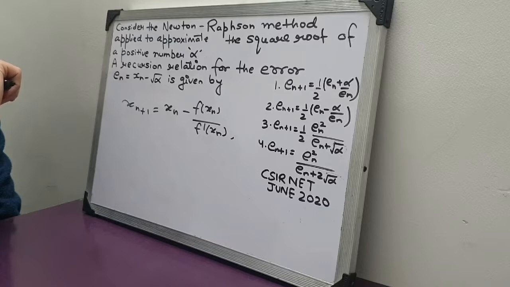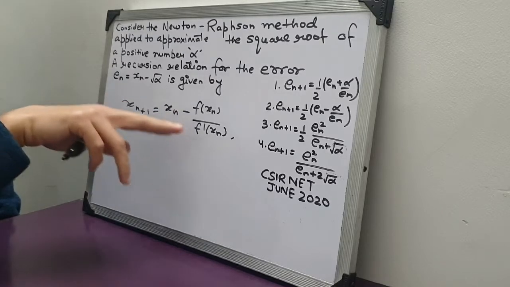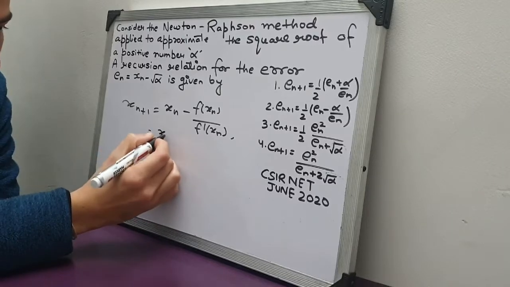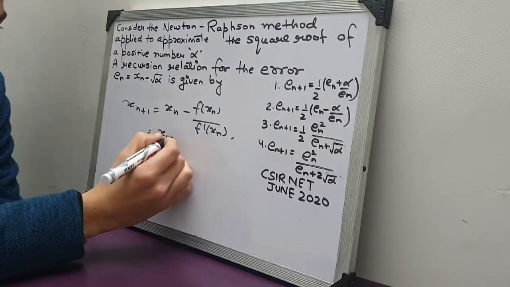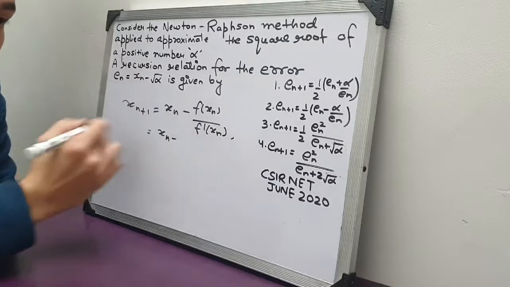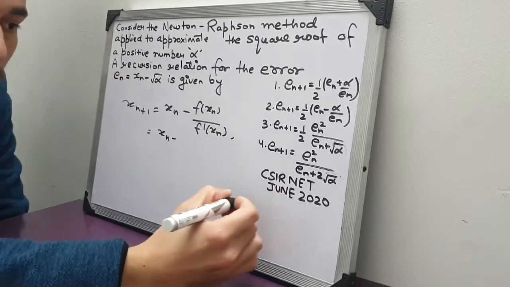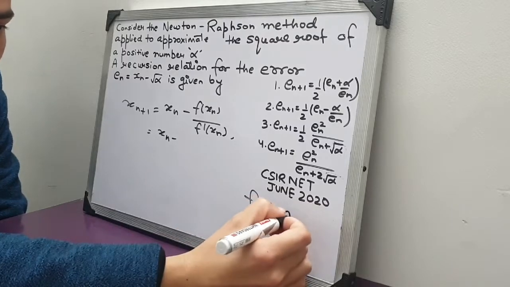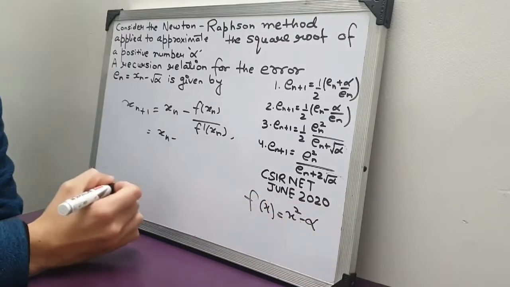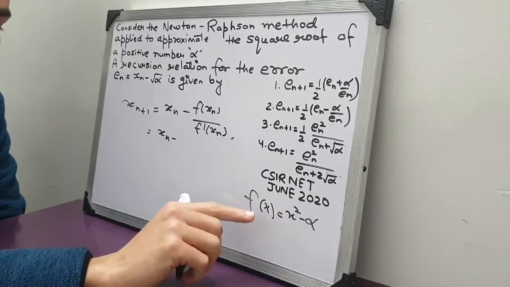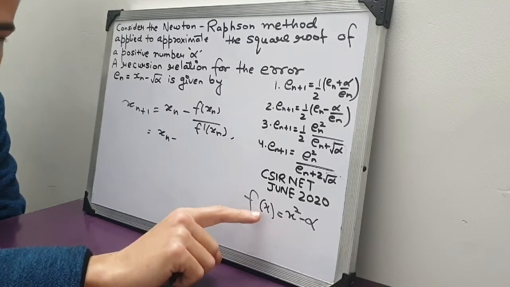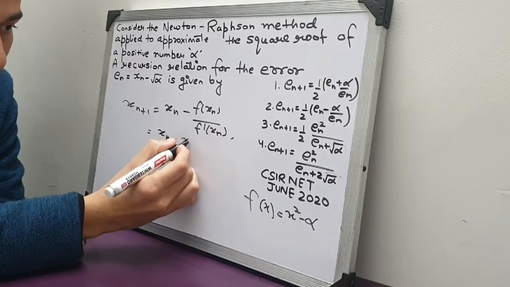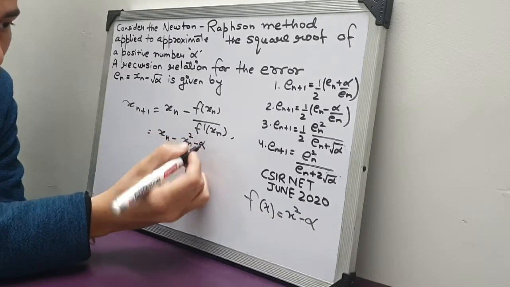If now I substitute the value of f in this expression, what do I get? xn plus 1 is xn minus, and what was our f of xn? If you recall, our f(x) was x square minus alpha. So now I just substitute xn for x in this expression, and we get xn square minus alpha.